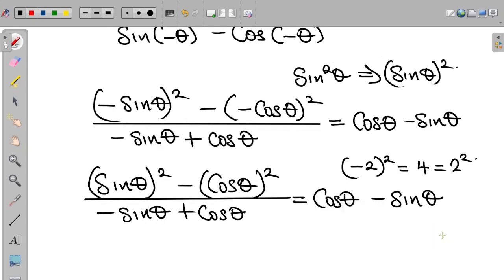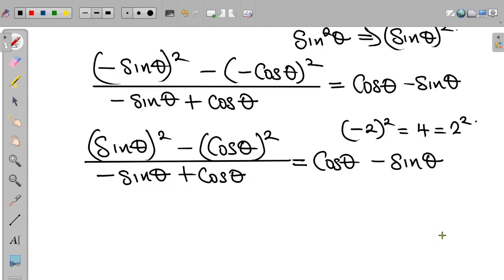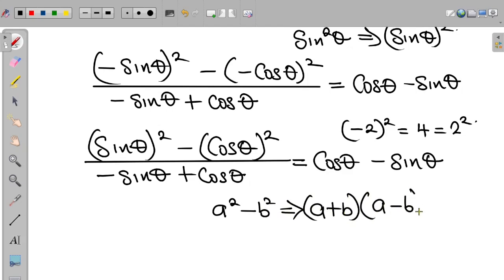Now, if you look at the numerator, you observe that the numerator is a difference of two squares. So we know that if I have a squared minus b squared, a difference of two squares, this is expressed as a plus b multiplied by a minus b.